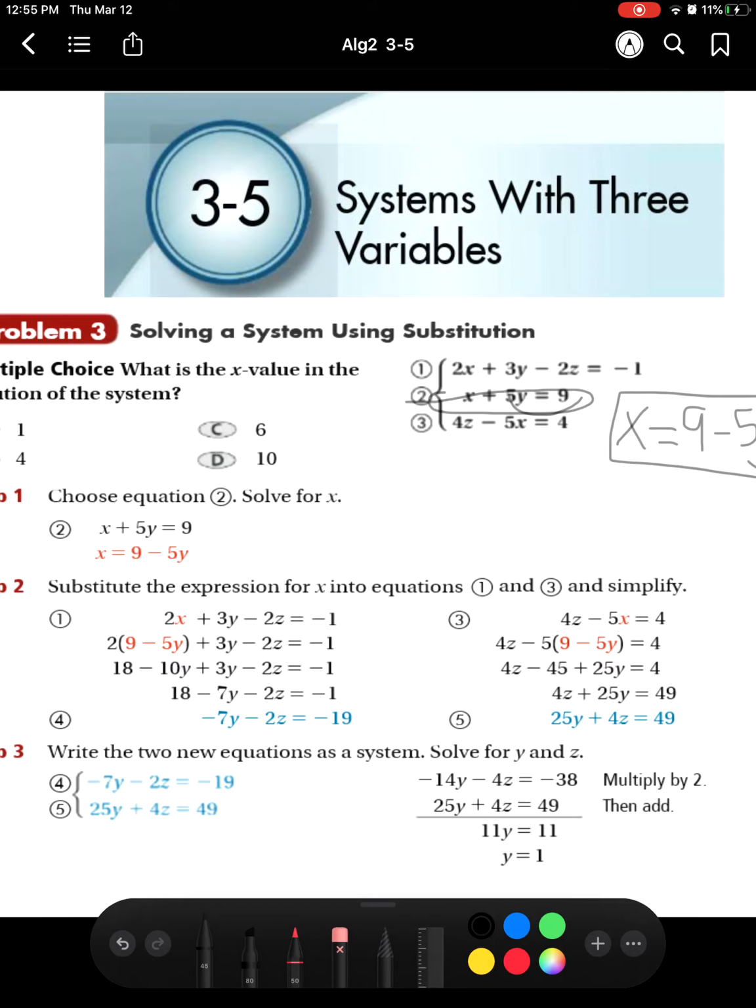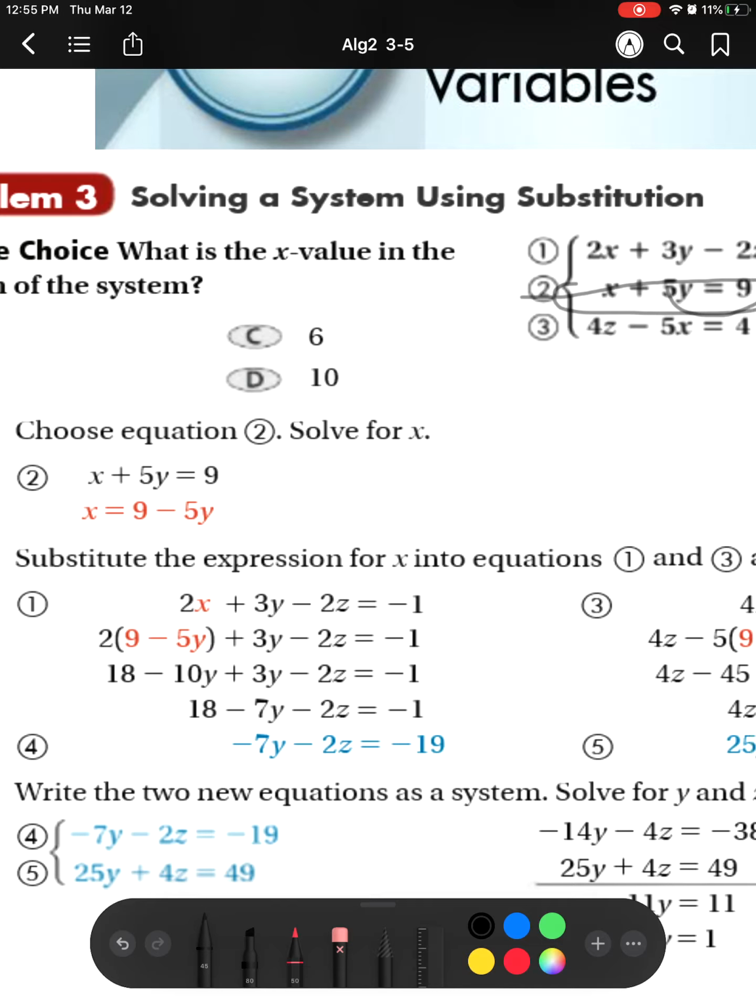How? The equation is 2x plus 3y minus 2z equals negative 1. Instead of x, we substitute 9 minus 5y, but I have the coefficient, so I will multiply 2 times 9, 18, minus 2 times 5y, it will be 10y, and then I'll continue writing my equation plus 3y minus 2z equals negative 1.